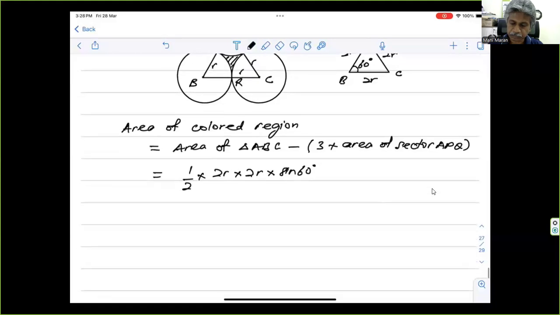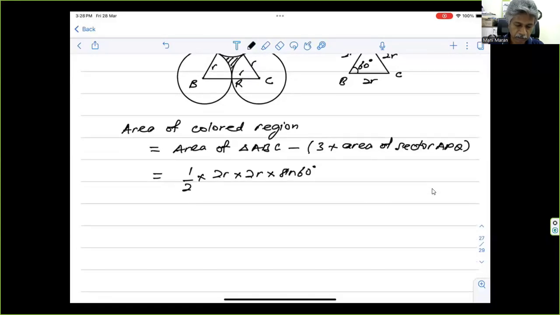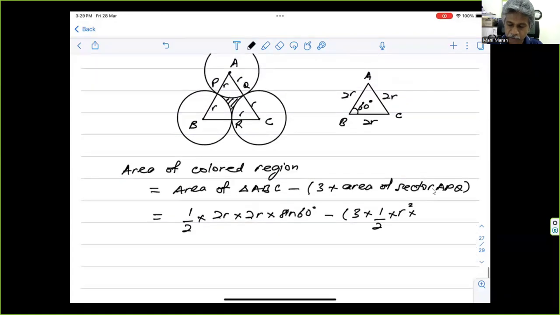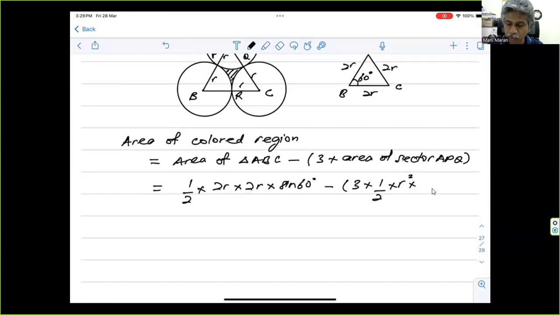Minus 3 times the area of sector, which is half R square theta. So half times R square times angle theta. Angle theta is 60 degrees, and I'm going to convert this to radians: 60 times 3.142 over 180 degrees.